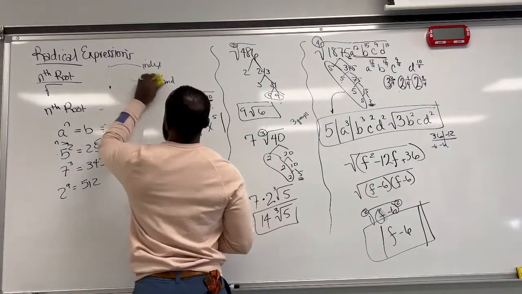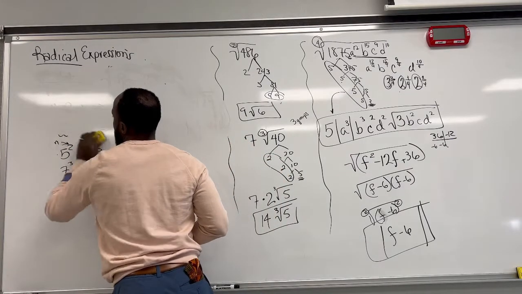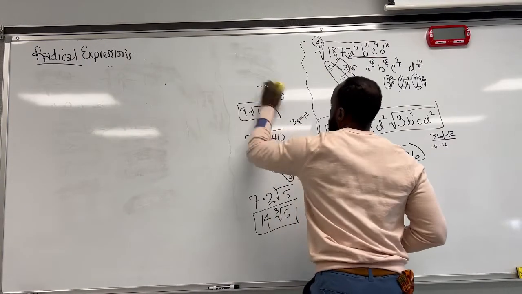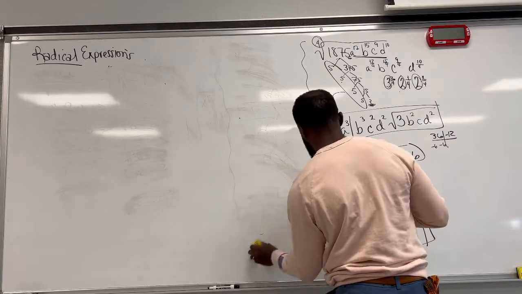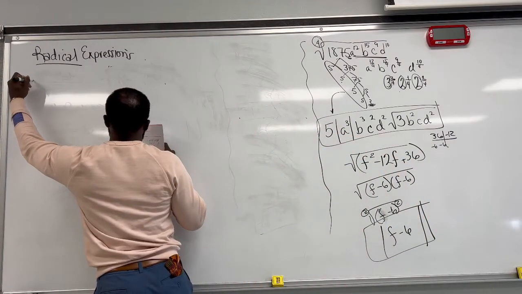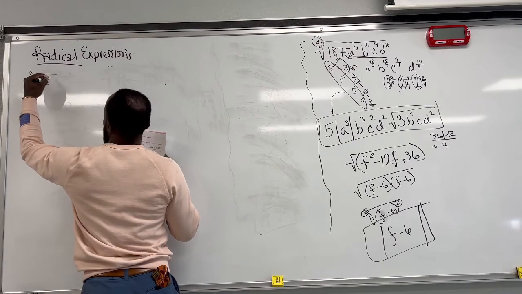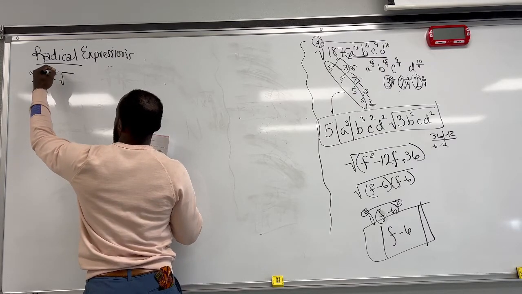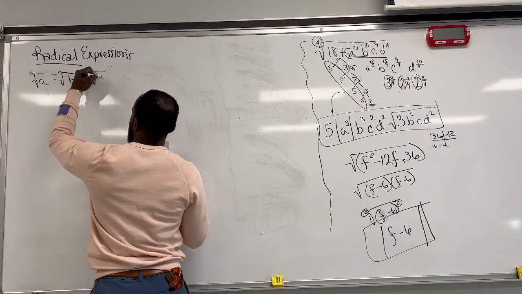So we understand this part. Now, product. When you hear the term product, product means to multiply. So what we're doing is we're multiplying radical expressions together. For any situation where you have the nth root of a times the nth root of b, the answer is going to be the nth root of a times b.